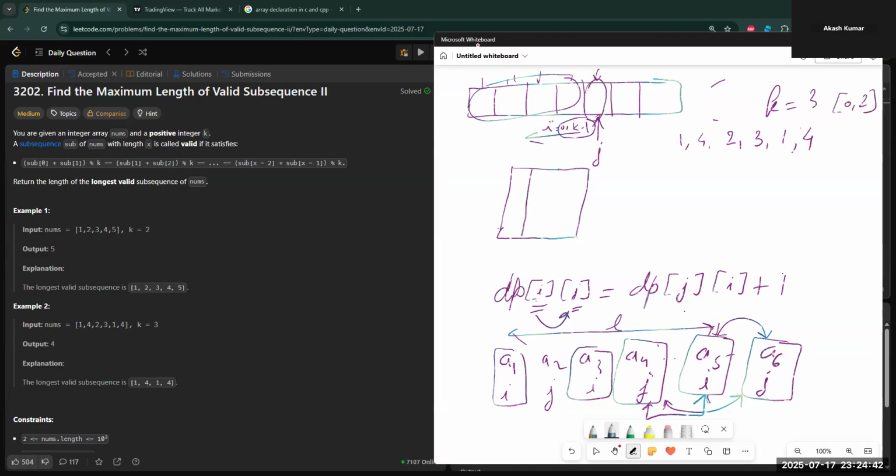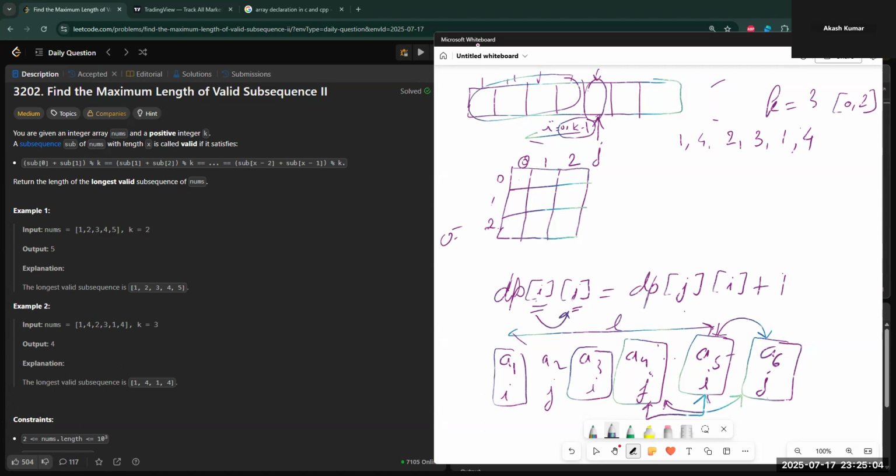So we will take a DP array of size k cross k, with indices 0, 1, 2. Initially all the values are zero.